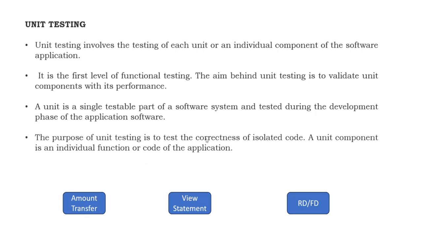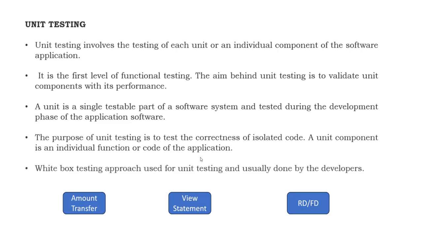The purpose of unit testing is to test the correctness of isolated code. A unit component is an individual function or piece of code of the application. Basically, here we verify the correctness of the code, whether whatever the developer has developed is correct or not. This is the testing which developers perform.